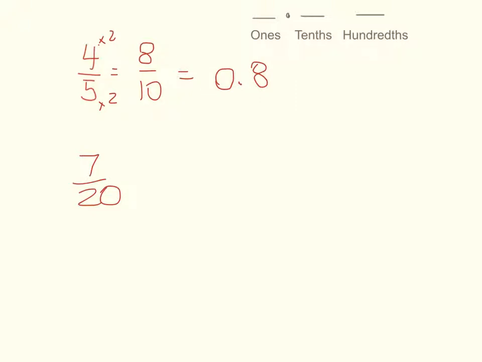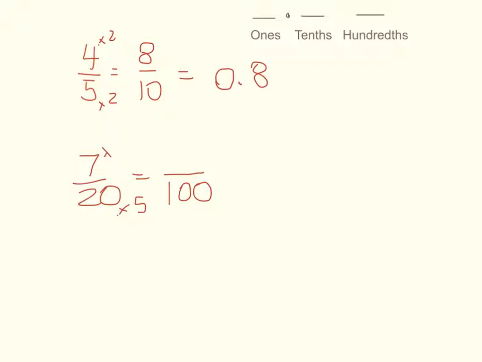If I have 7/20, I could change 20ths to tenths by dividing by 2, but 7 doesn't divide by 2 evenly. So instead of changing 20ths to tenths, 20 will go into a hundredth, so I'm going to change it to hundredths. 20 goes into 100, 20, 40, 60, 80, 100, 5 times.